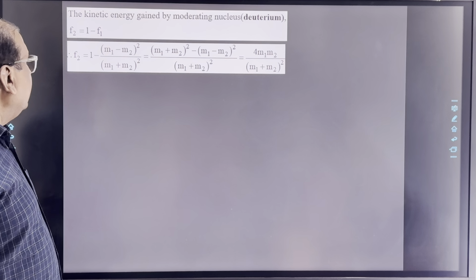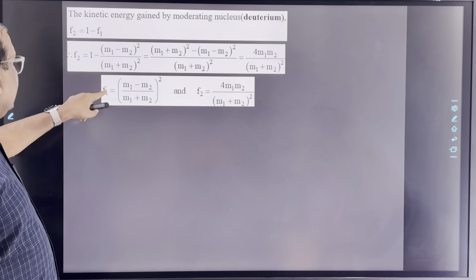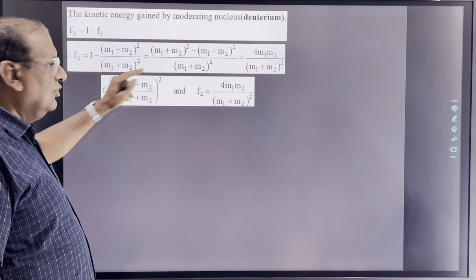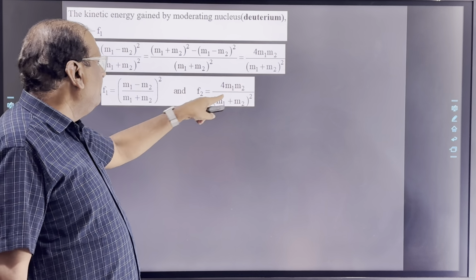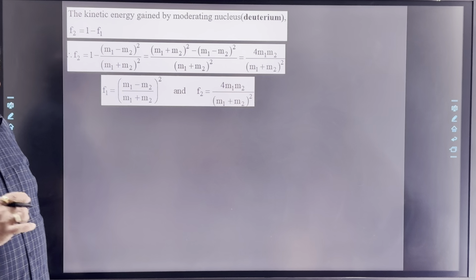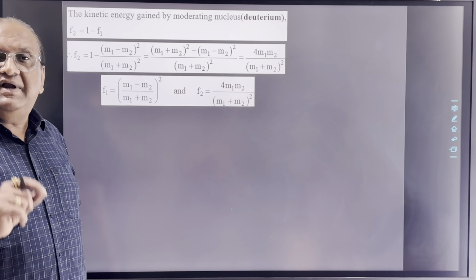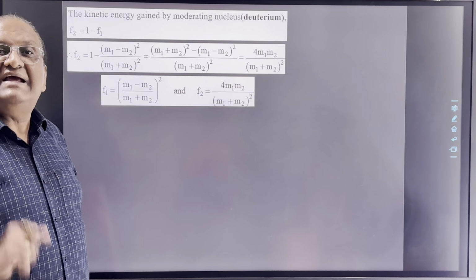Clear? Okay. Now see here, F1 is equal to ((m1 minus m2) upon (m1 plus m2)) whole square, which we derived earlier, and F2 is 4 m1 m2 upon (m1 plus m2) square. Now for neutron and deuterium, if we take the mass of deuterium as m2, then that is twice m1.